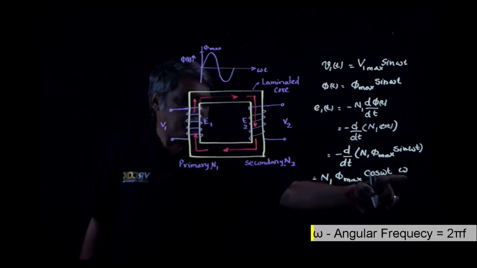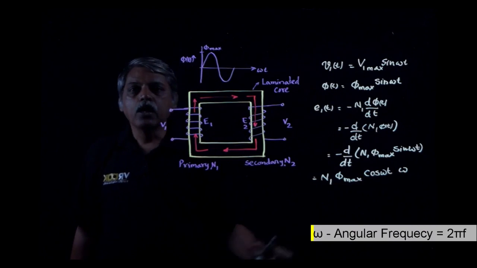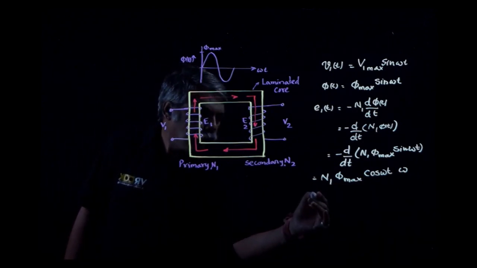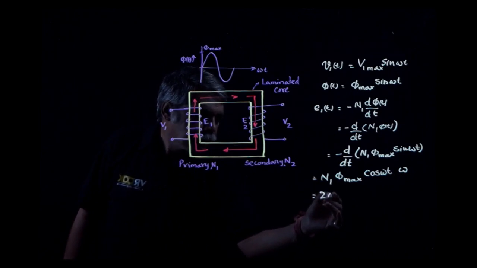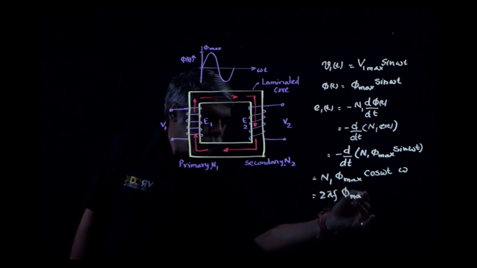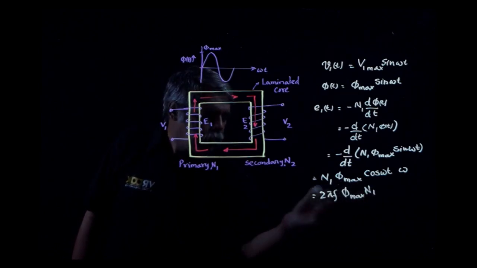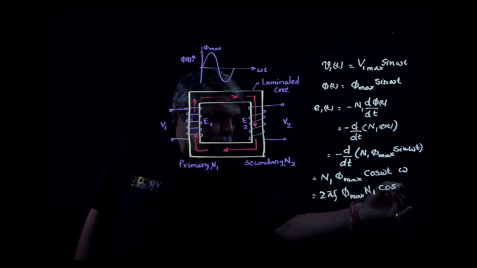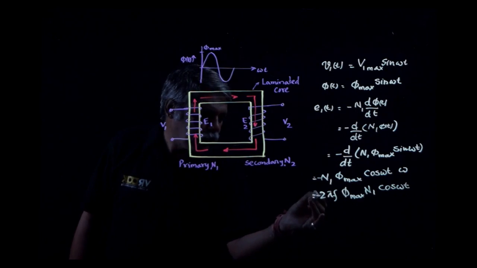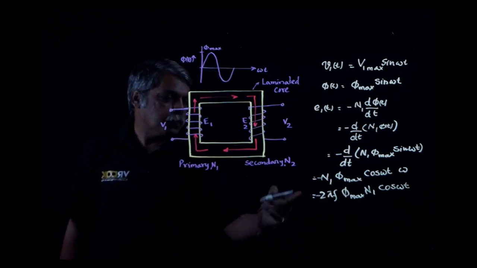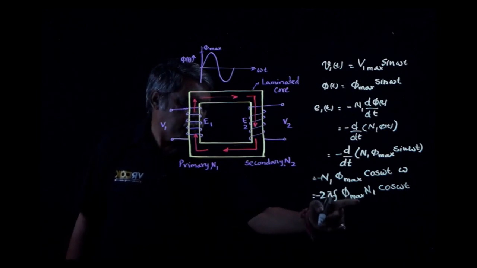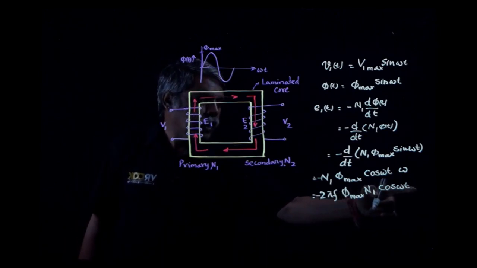Omega is the angular frequency given by 2 pi f, where f is the supply frequency. So the instantaneous voltage is minus 2 pi f phi max N1 cos omega t.